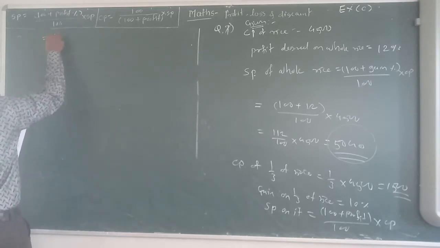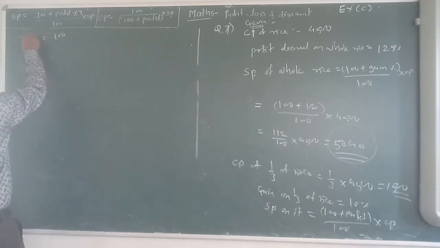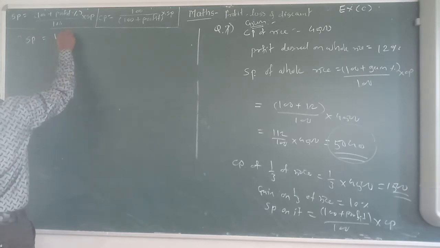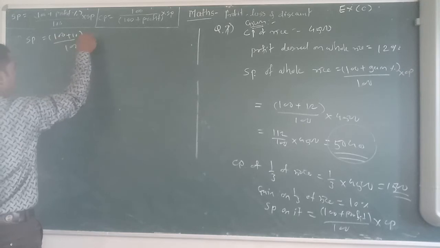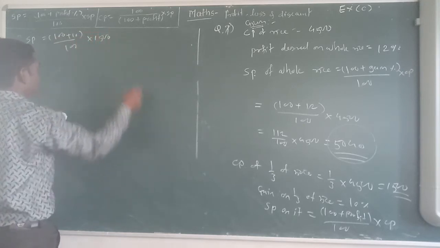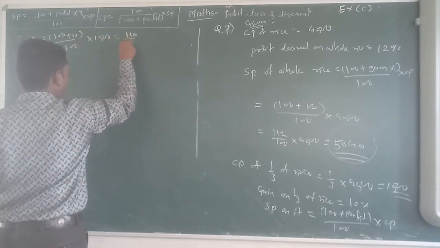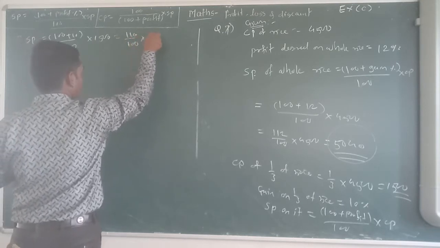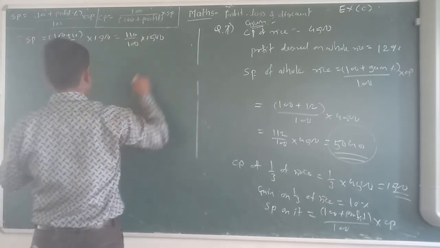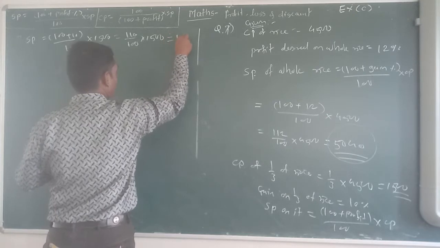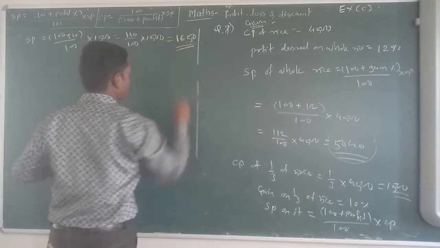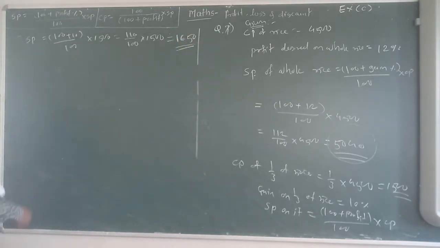Okay, so which will be the SP is equal to (100 plus 10) upon 100 multiplied by 1500, which will be the 110 upon 100 into 1500, and so which will be equal to 1650.